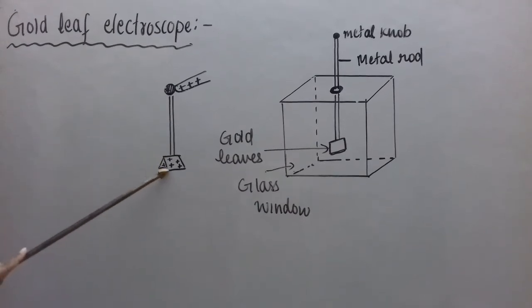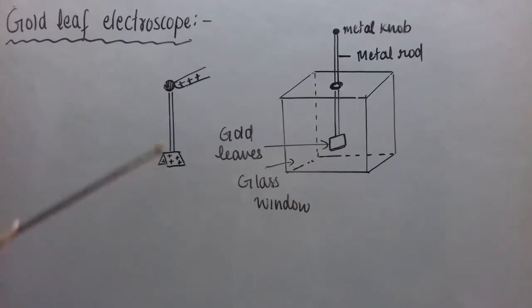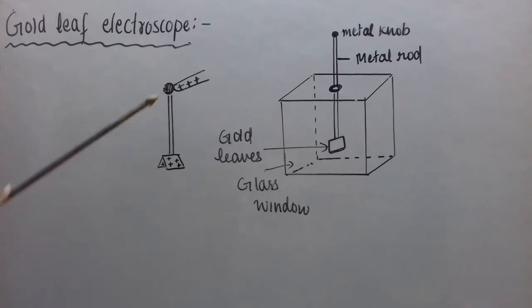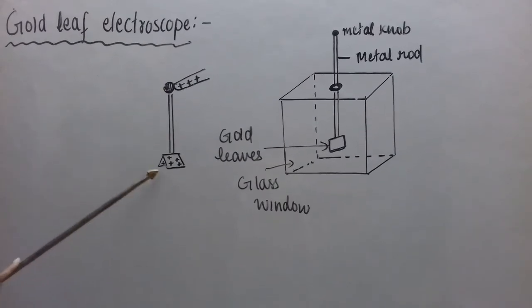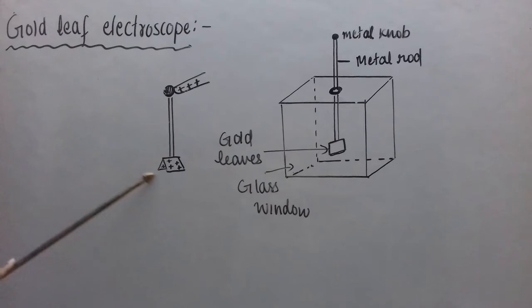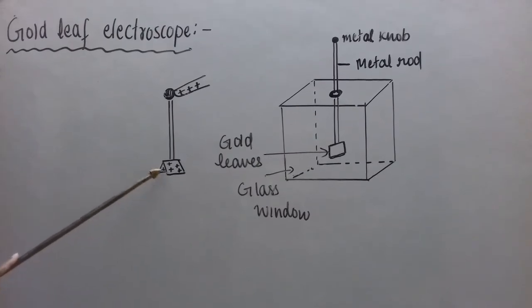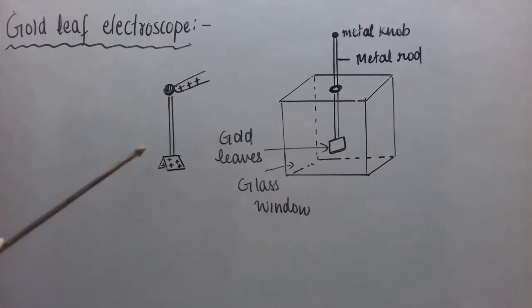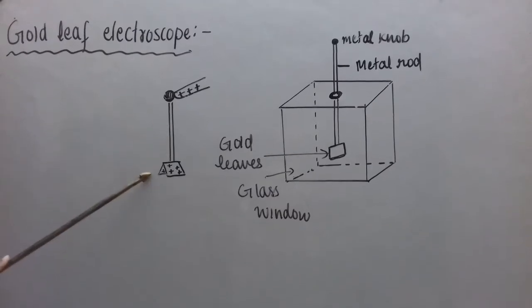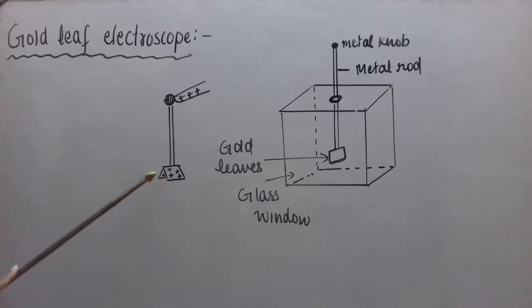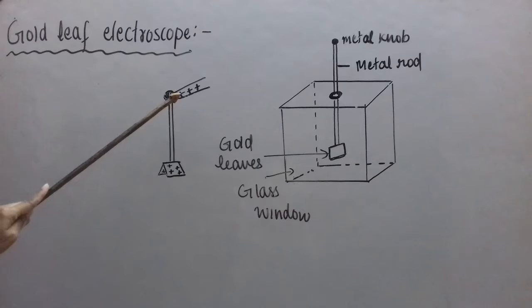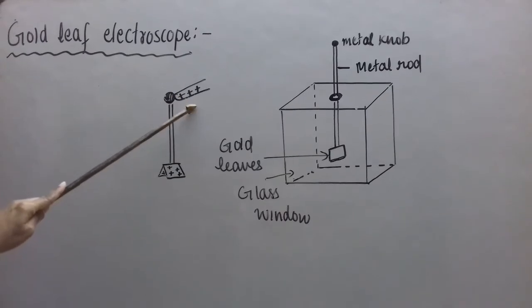If there is no change in divergence, then the thing which we have brought in contact with this is uncharged. If the divergence between the two leaves increases, then the body is positively charged. And if the divergence decreases, then the body is negatively charged.